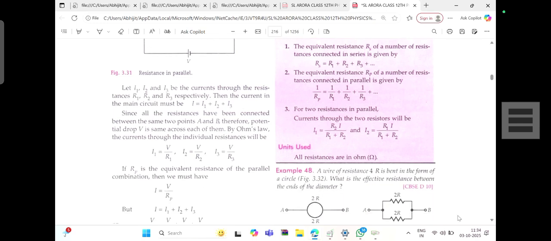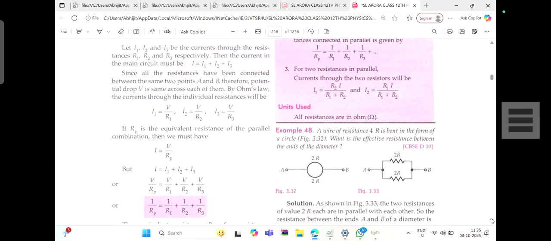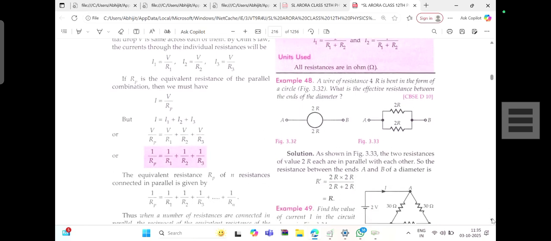How can I find the equivalent resistance? Assume the equivalent resistance is Rp. So I equals V by Rp, which is clear from this circuit, and I equals I1 plus I2 plus I3. Putting the values of I1, I2, I3 and I, we will get the equivalent resistance for parallel combination.